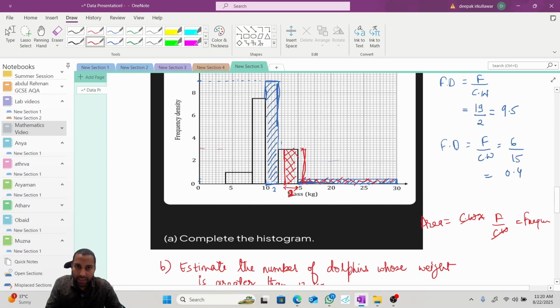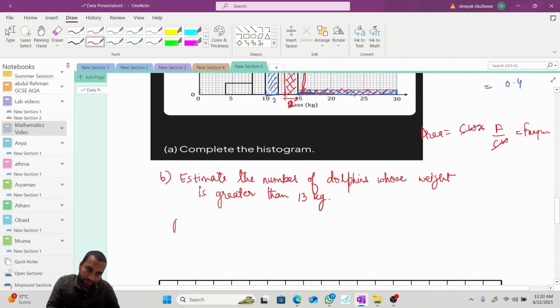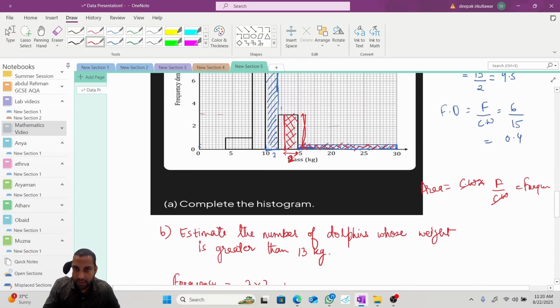So this rectangle has a height of 3 and width of 2, so I can write this frequency as 3 times 2 for the first rectangle, and for the second rectangle it is 15 times 0.4.